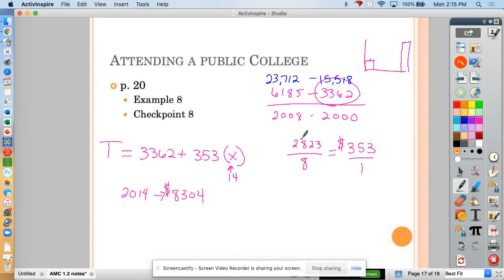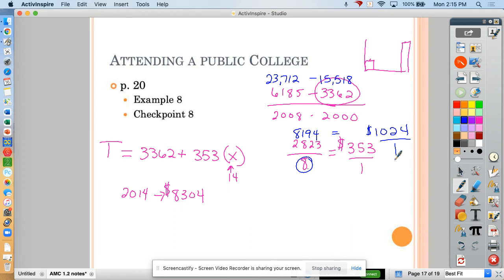We got 8194. Now the nice thing is the years stayed the same, so it's still 8 years. When we divide that out, we end up getting 1,024. So $1,024 per year for private.